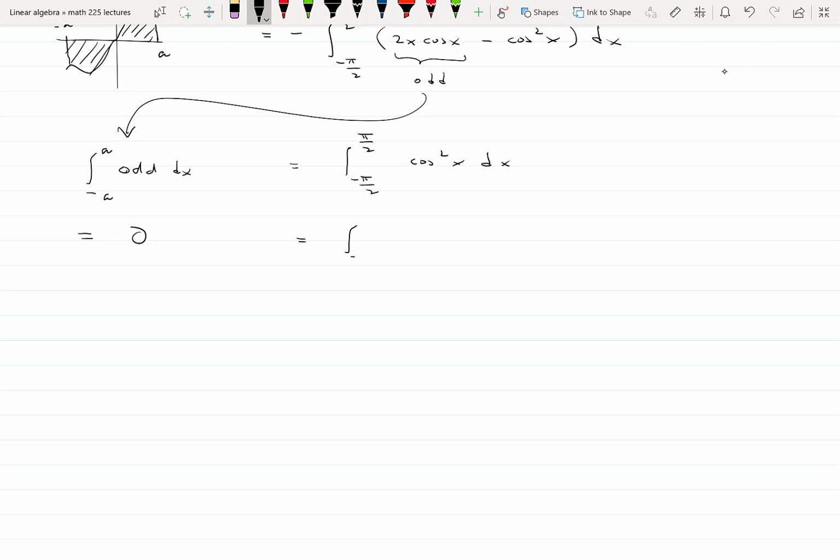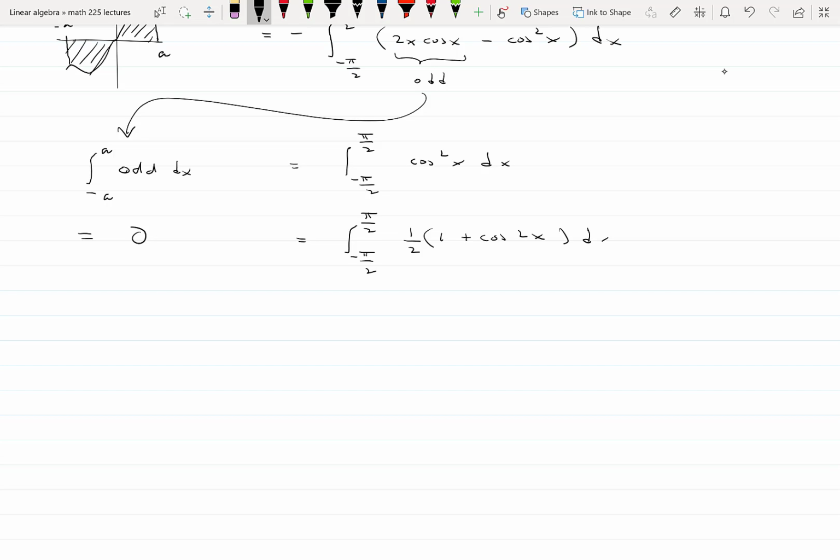So let's integrate it from negative pi over 2 to pi over 2. Way back in Calc 2, we integrated powers of sines and cosines. If the powers of sines and cosines are even, then we use power reducing formulas: 1 plus cosine of 2x.